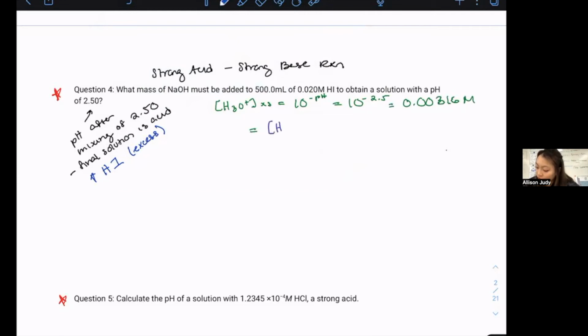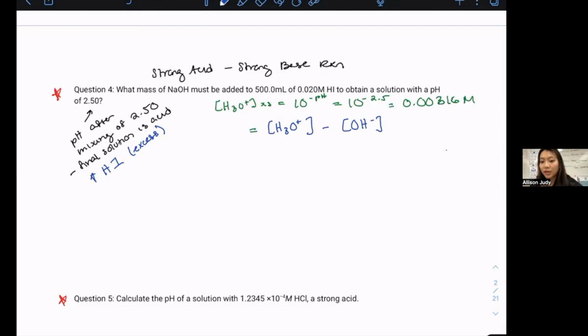Of H3O plus minus OH concentration. Because obviously to have excess, that means my overall total amount of H3O plus present in solution must be this much greater than my OH minus.